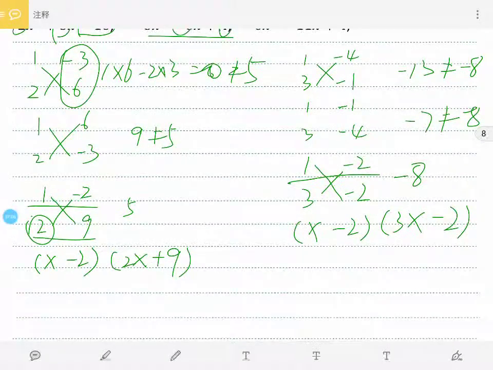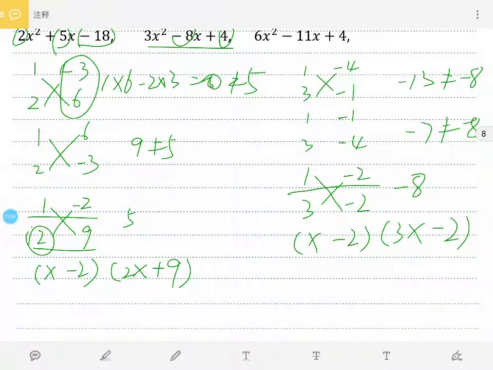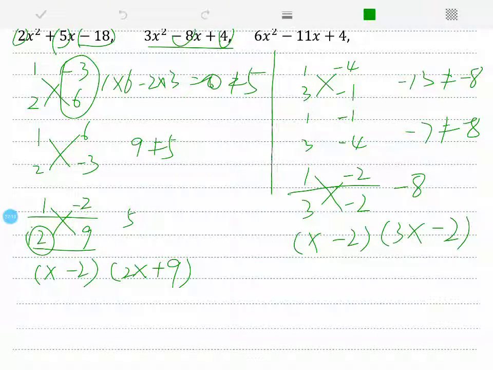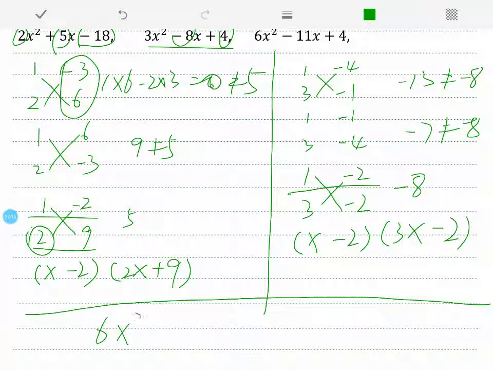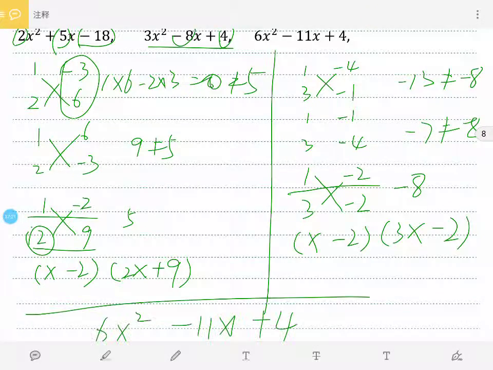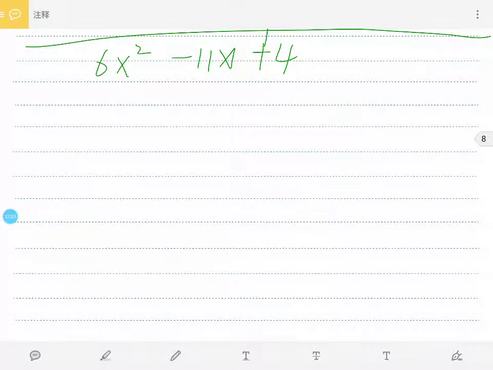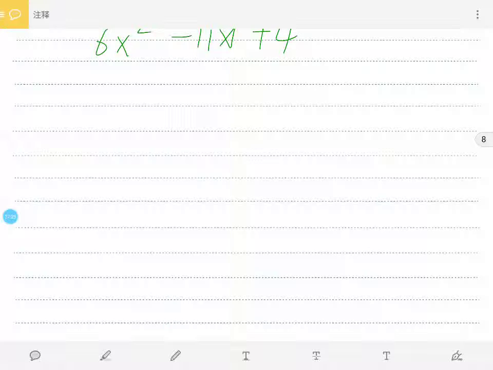Now we do the last one. Now we'll copy the question here. And 6x squared minus 11x plus 4. Okay. Now, the number before x here is 6. 6 doesn't have a unique factorization.